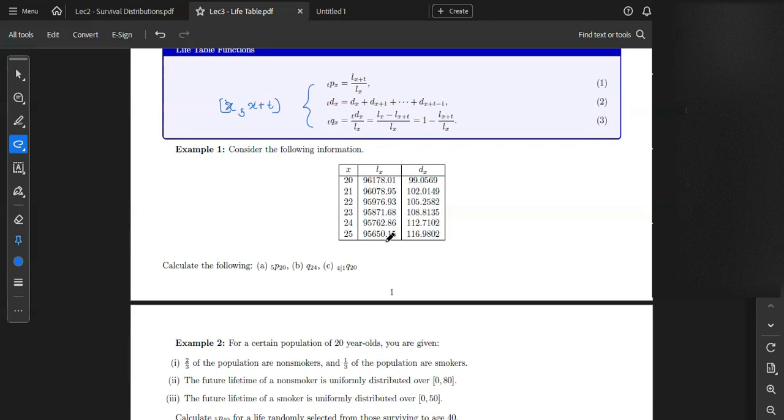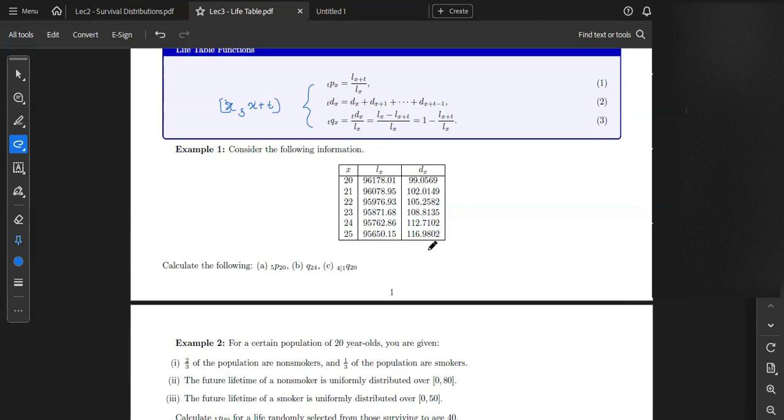In this life table, we have decimal places for the number of survivors and number of deaths, because maybe they created it for a large cohort like 1 million and then divided by 1,000 to have this number.